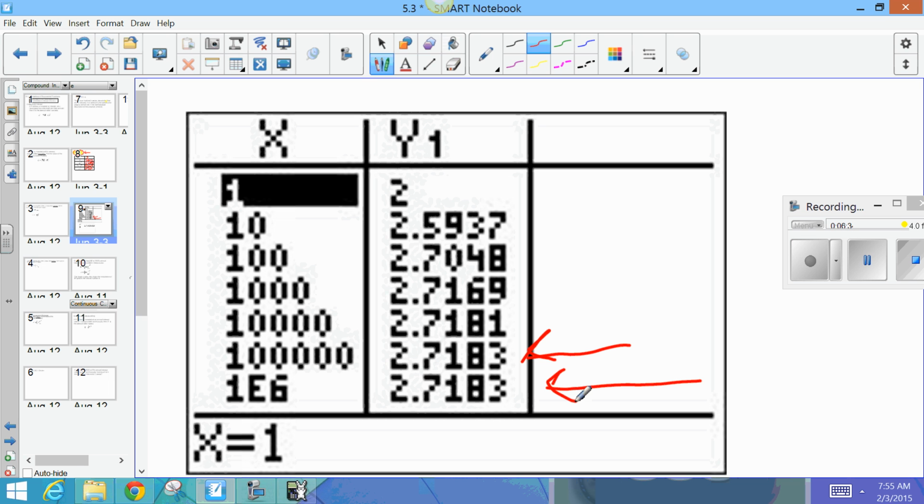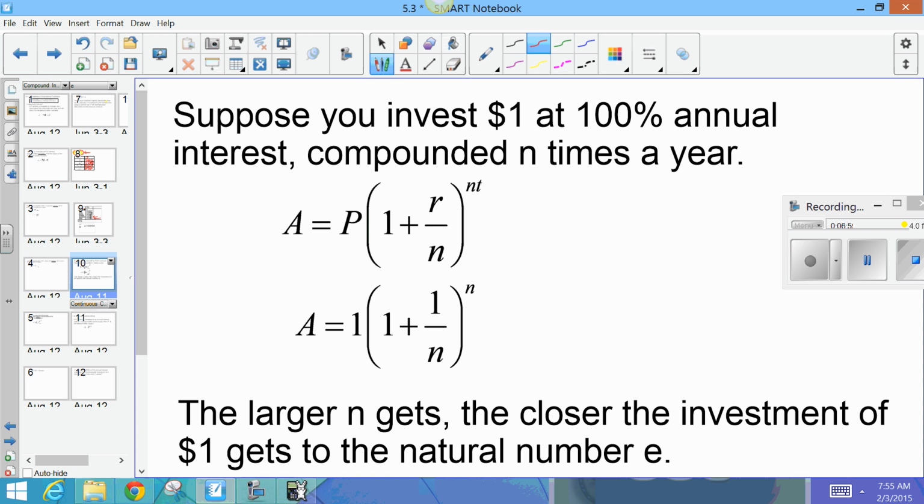It's still changing at the 5th, 6th, or whatever places after the decimal, but to 4 places it stays the same no matter what n is. So it doesn't take too much computation to see that this number is coming very closely to a constant. And we call that constant e.